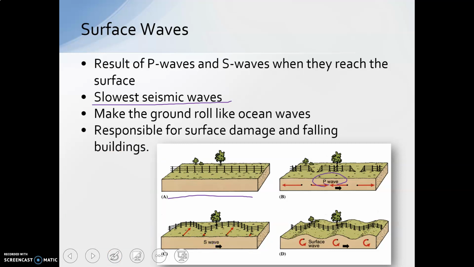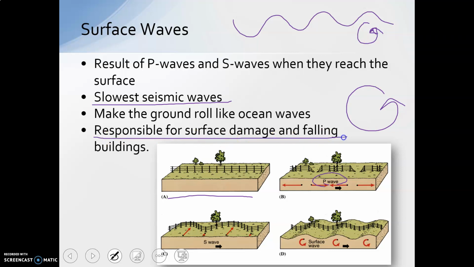And then the last one, D, is the surface wave. And that's important because it's going to act like it's rolling over, creating an ocean wave. So basically the ground will literally be rolling, where it's like acting like a wave, okay? This is responsible for surface damage and a lot of falling buildings.